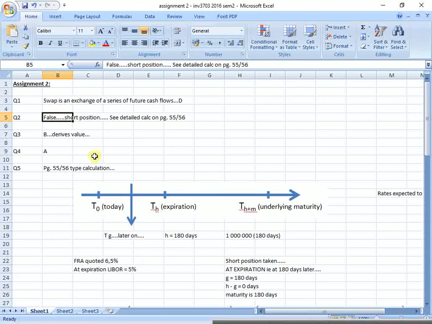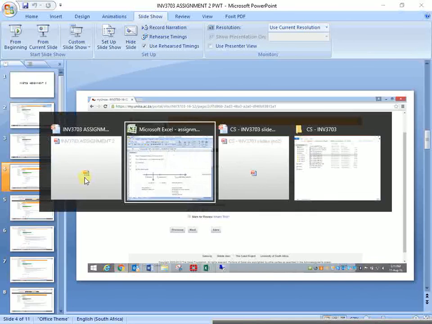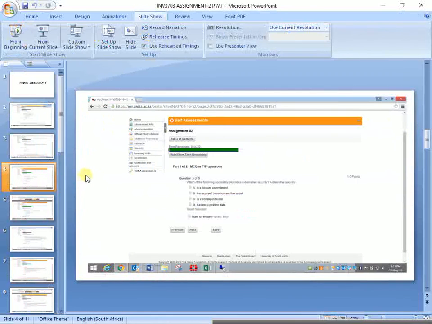Question 3. What accurately describes a derivative? Correct. Okay, B. Question 4.